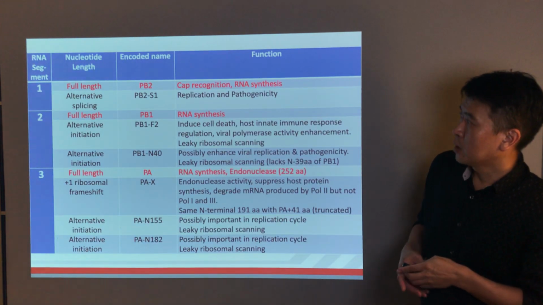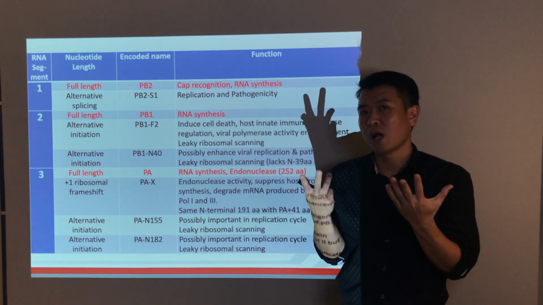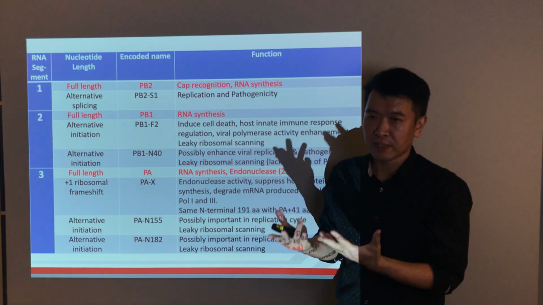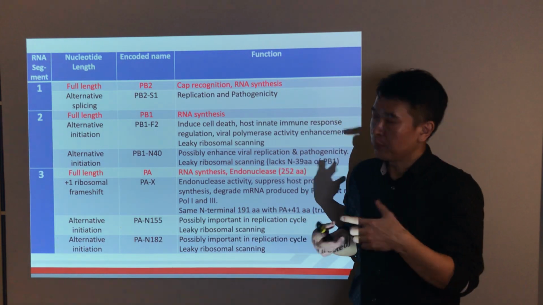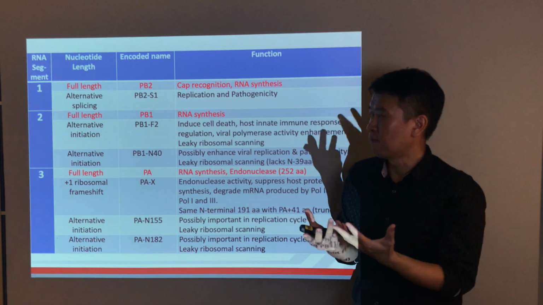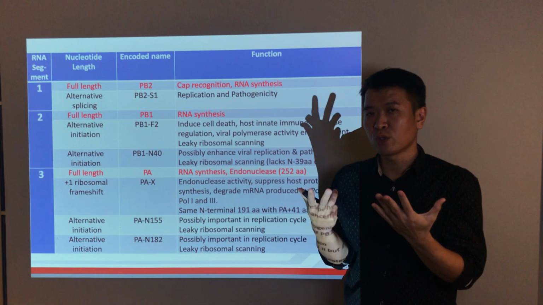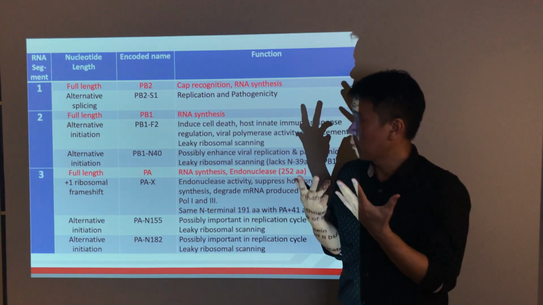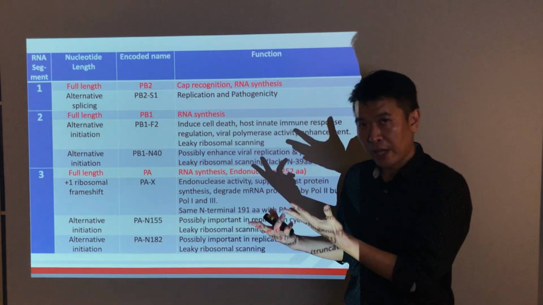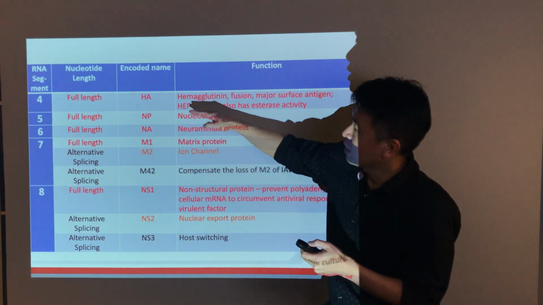So that completes the total of 18 proteins that are being synthesized, being produced by using the 8 segments of the influenza virus RNA. So we have 8 segments that produce full-length 8 mRNAs, become 8 proteins, as I highlighted in red here.